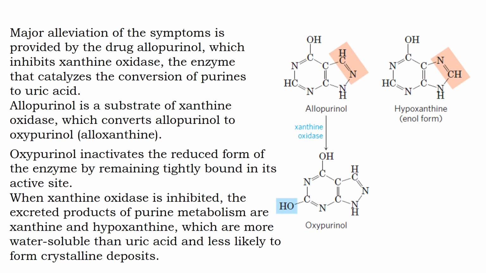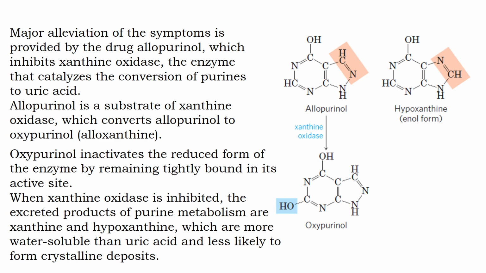Now, to alleviate the symptoms of gouty arthritis, we have to give allopurinol. It is a substrate of xanthine oxidase, which will convert allopurinol into oxypurinol. This oxypurinol inactivates the reduced form of the enzyme by remaining tightly bound to it.